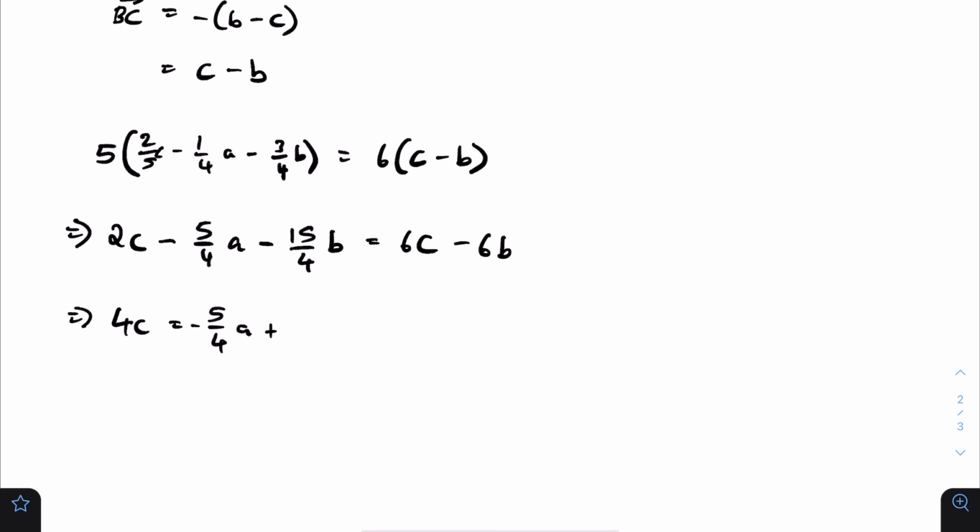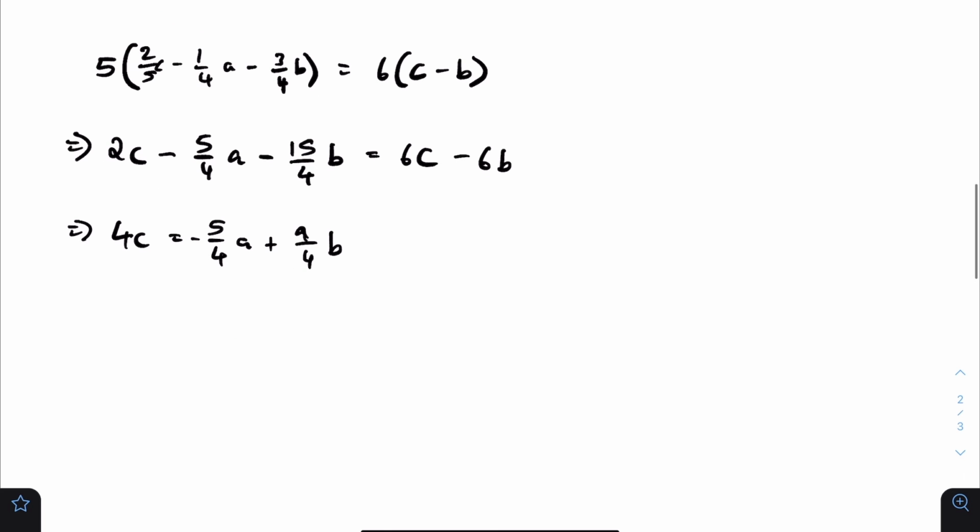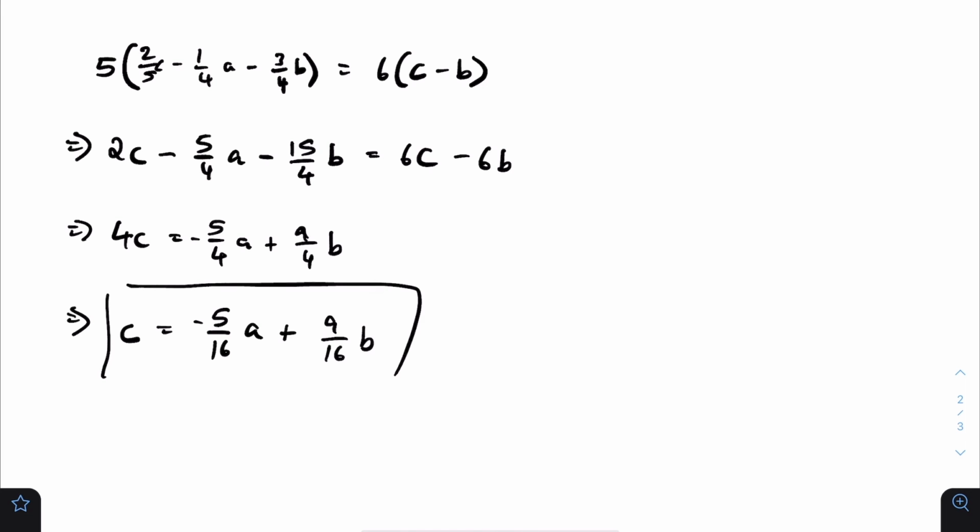So that would be plus 9/4 B. And we can just divide both sides by 4 to get C is equal to negative 5/16 A plus 9/16 B. And that's our final answer.